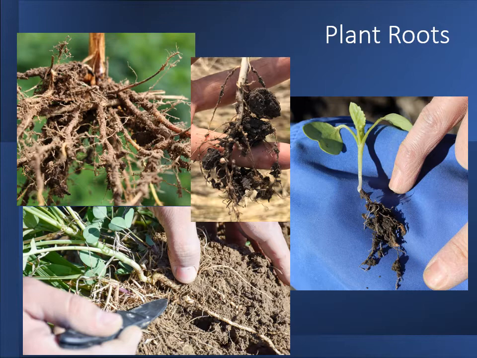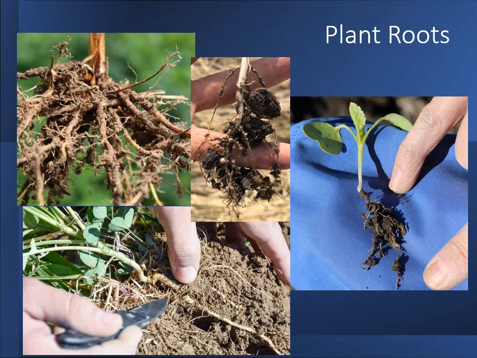They have this zone of influence immediately adjacent to them, and so ultimately what we would like to see out there is maximizing a plant root's zone of influence by having as many roots in the soil for as long as possible, right?